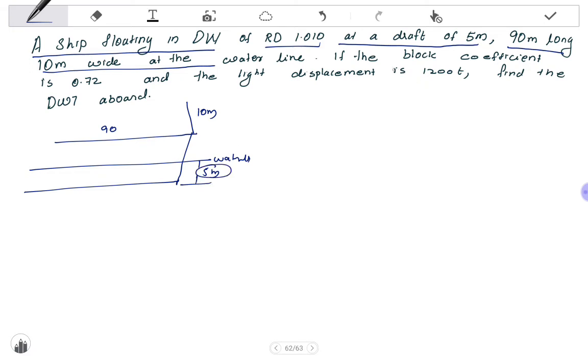If the block coefficient of the vessel is 0.72, and the light displacement of the ship is 1200 tons, find the dead weight aboard. So what we need is the dead weight aboard.